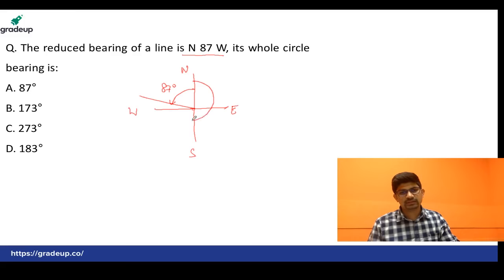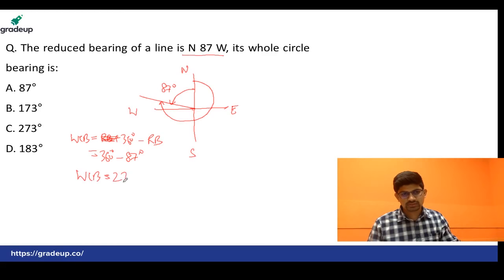For the northwest quadrant, the whole circle bearing is 360 degree minus the reduced bearing. So 360 degree minus 87 degree. So the WCB is 273 degrees.